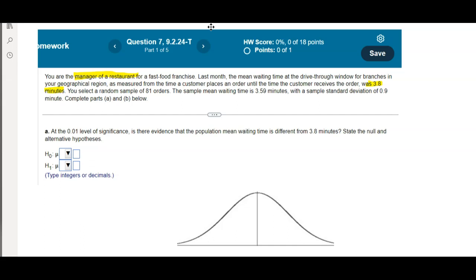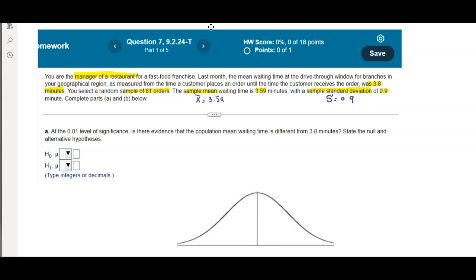For this purpose, he randomly selected 81 order samples, and from those times, he calculated the sample mean, 3.59, and the sample standard deviation, calculated from the 81 samples, which was 0.9. So now, just to put names on them, this is the S, it's going to be 0.9.